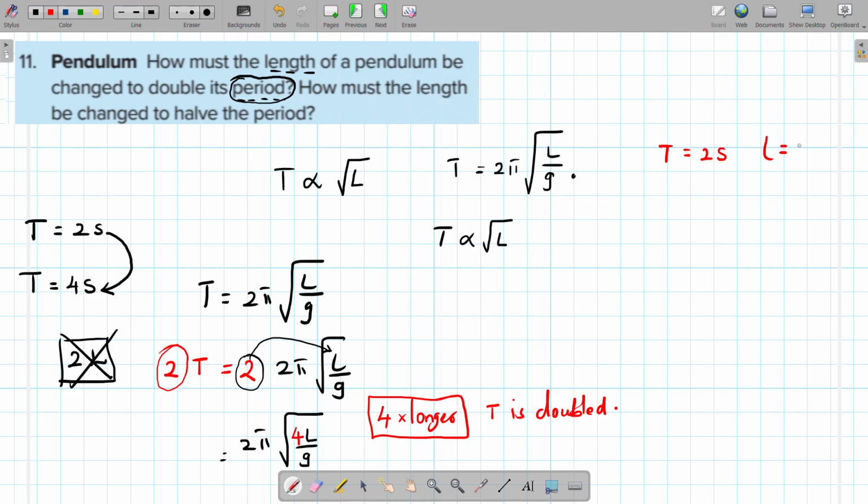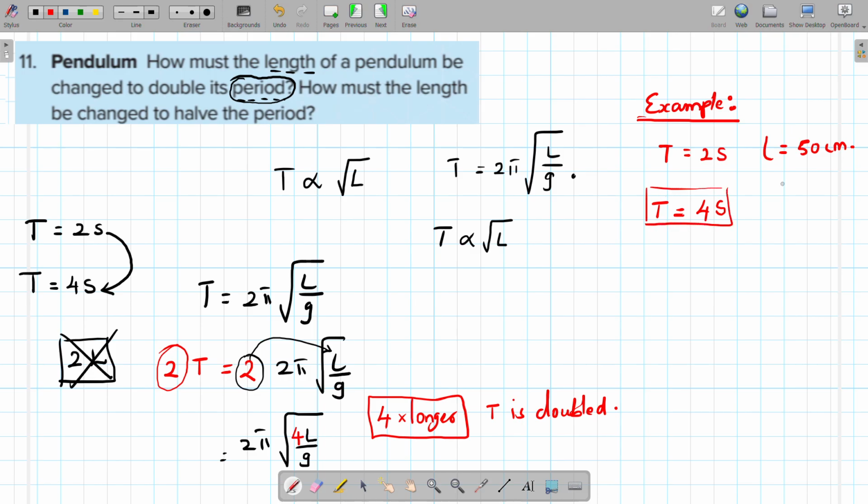So again I'm telling, now the time period is 2 seconds and the length is, say, 50 centimeters. It's not the real value, I'm just giving some example values to understand better. Now I want to double the period, which means 4 seconds.